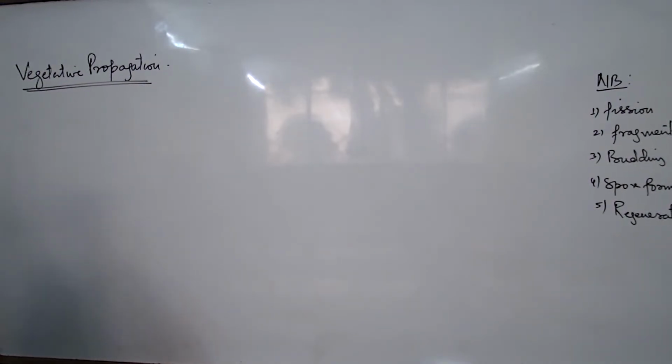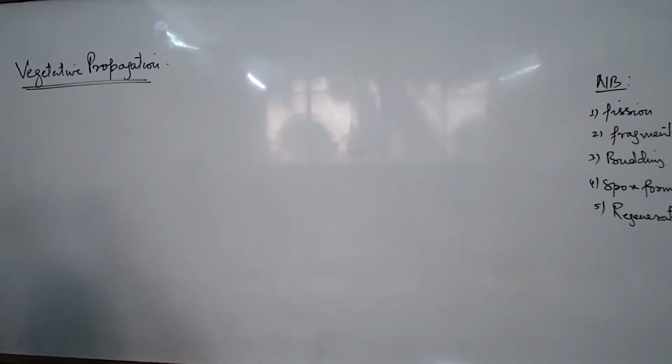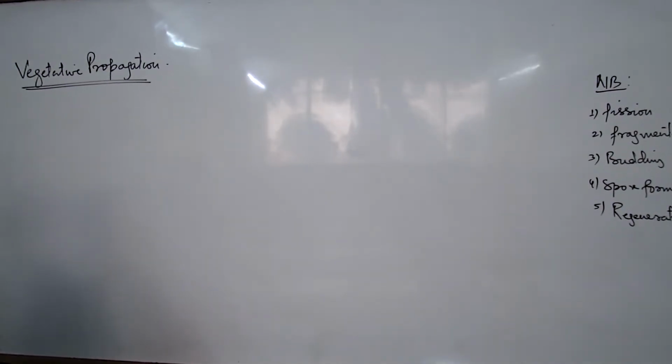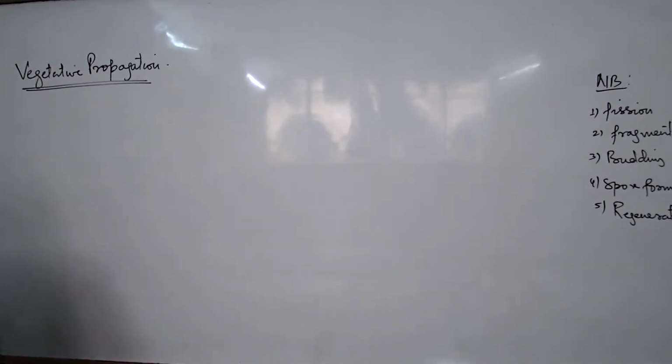What is the meaning of vegetative? Vegetative means parts of the plant which are not the reproductive parts. If I ask you which are the reproductive parts and not the reproductive parts of a plant? The root, the stem, the leaves, the bud, these are not the reproductive parts of a plant.